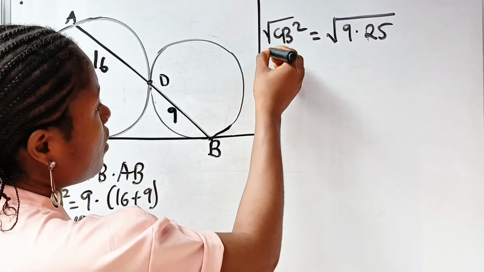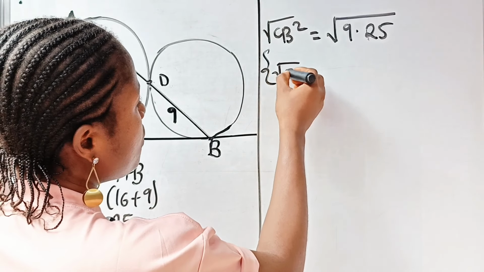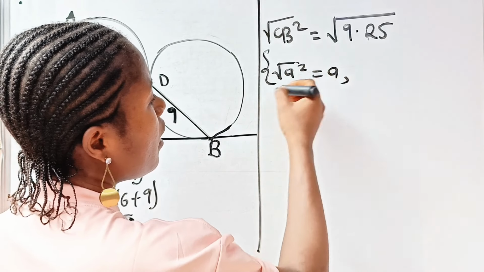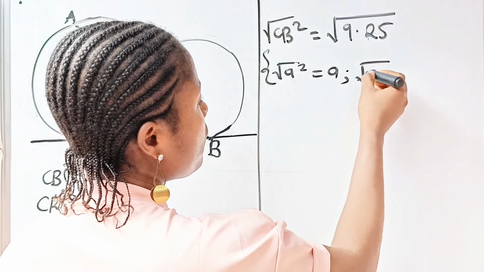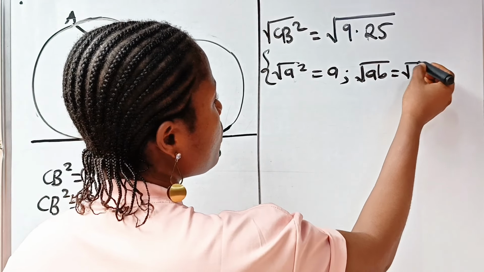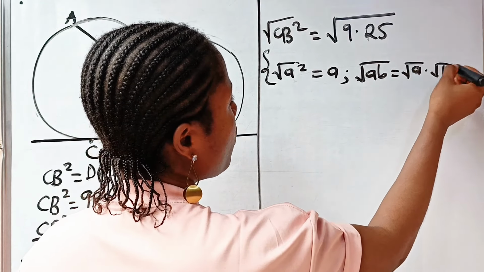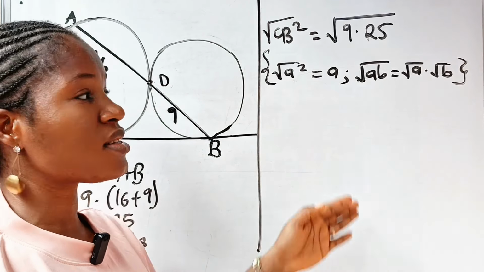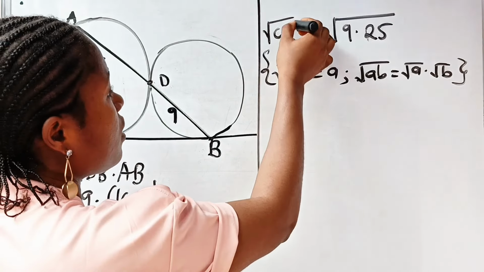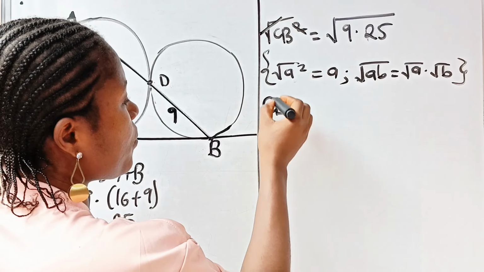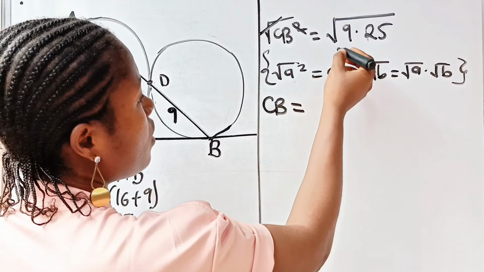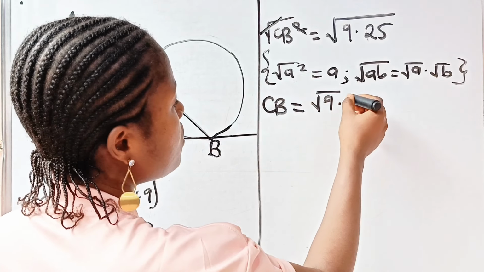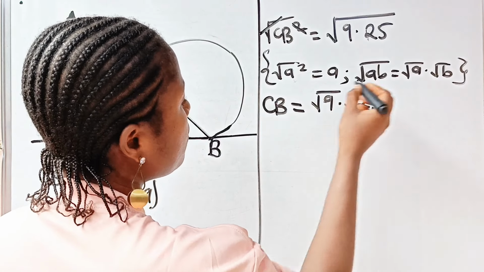Recall that the square root of A squared is equal to A, and the square root of AB is equal to the square root of A multiplied by the square root of B. Now, it means that this will remove this, we have CB is equal to the square root of 9 multiplied by the square root of 25.